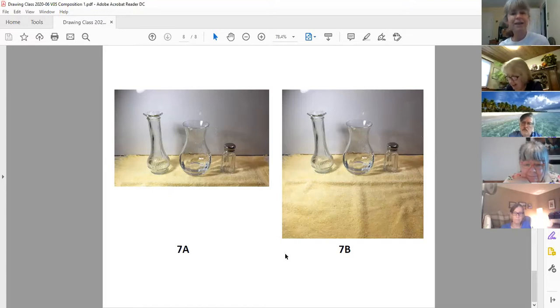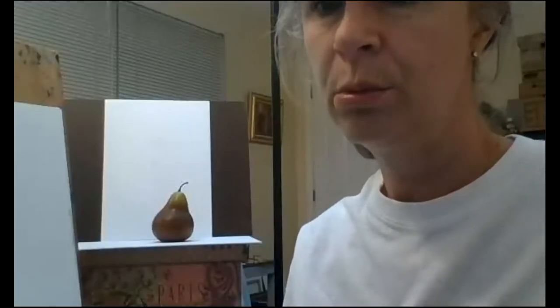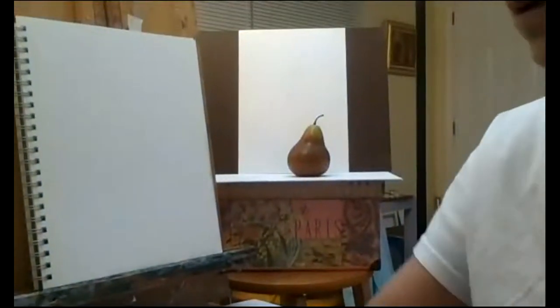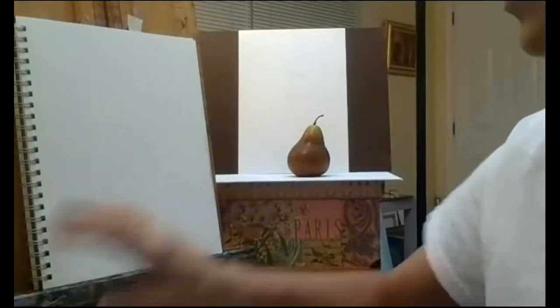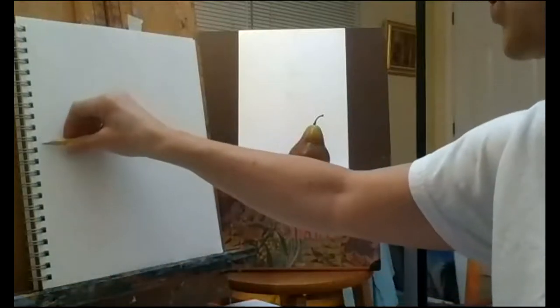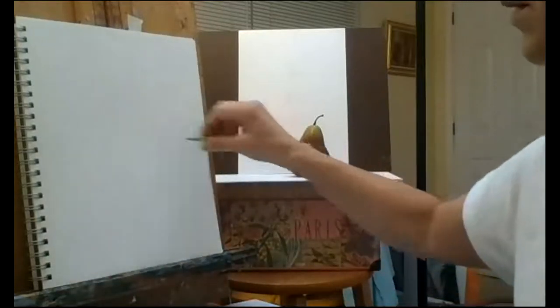But you know what? I thought this was the easy one. And in my class this afternoon, we had the same discussion. Think about how it's being composed on your page. If you have a big page like this, try not to put your horizon right in the middle.